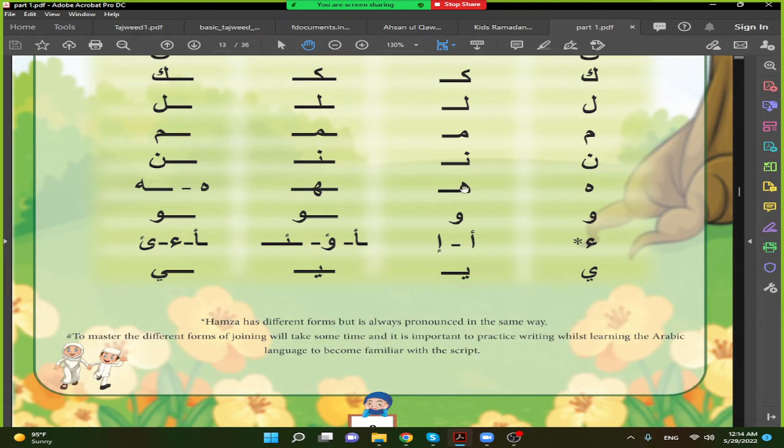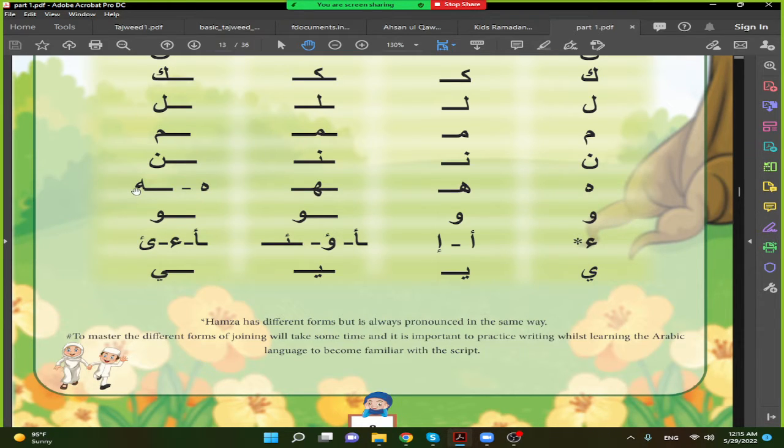When ha comes in the beginning of the word, then you will see it like the mask shape. And when ha comes in the middle between two letters, it looks like the ribbon shape. And when it comes at the end, maybe it's going to be separated like that. We have learned it. And maybe it's going to be like this. It's coming at the end.